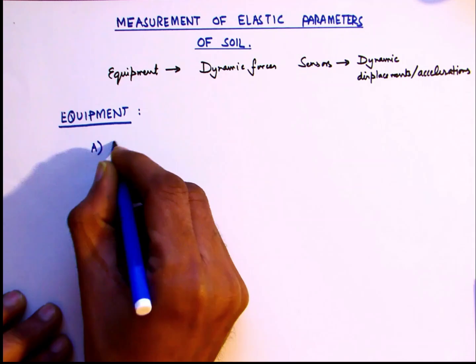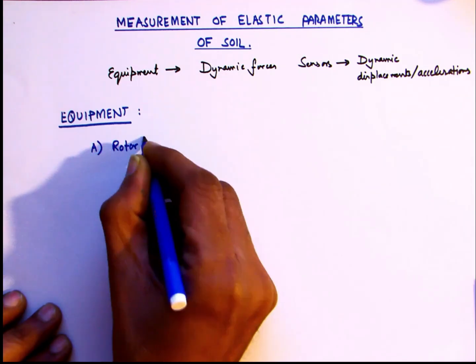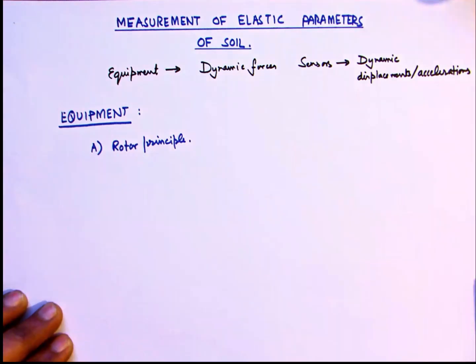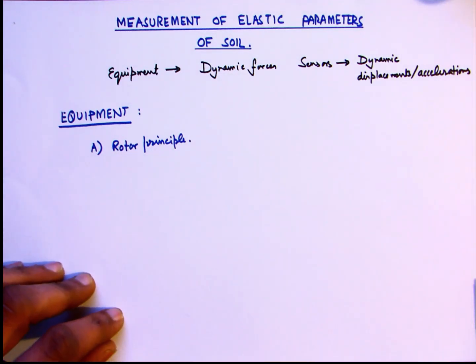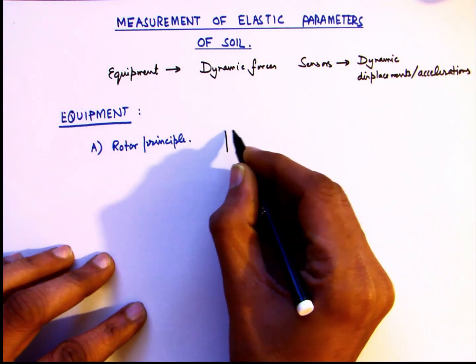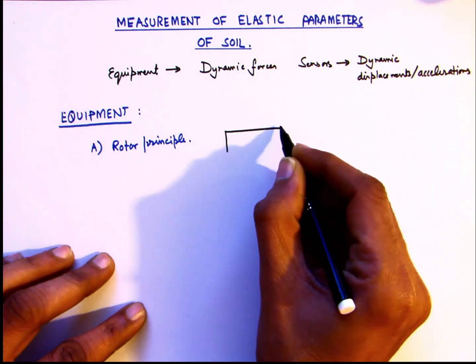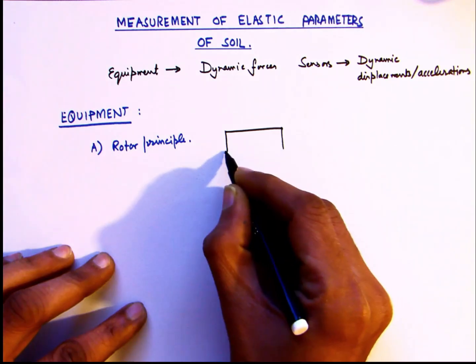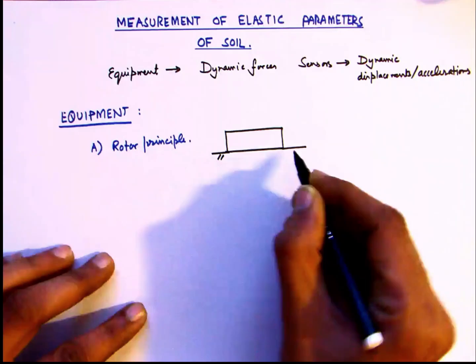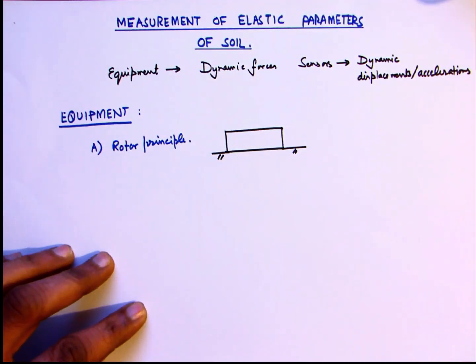These equipment may work on rotating or linear vibration principle. Let us first see the equipment working on the rotor principle. Typically, such equipment consists of a pair of rotors which are synchronized, that is, they undergo rotation with same angular frequency but in opposite sense.